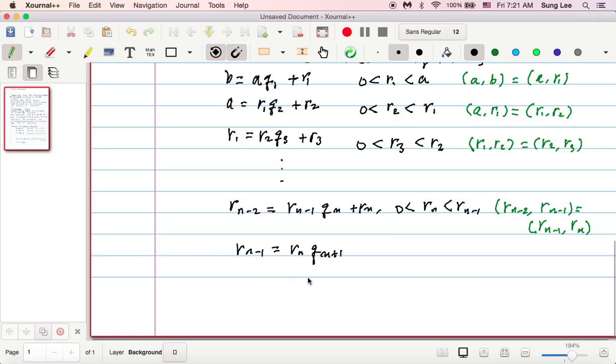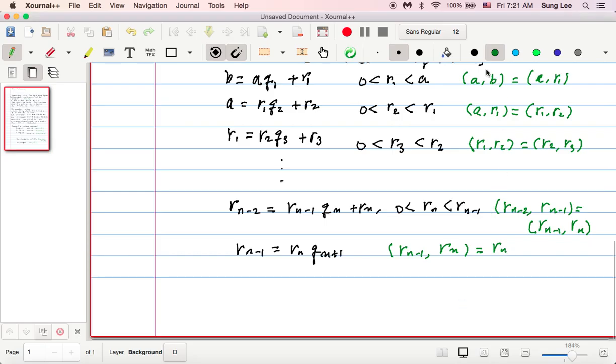So in this case, like I mentioned before, the GCD of r sub n minus 1 and r sub n equals r sub n, because r sub n minus 1 is an integer multiple of r sub n, so the greatest common divisor is r sub n.